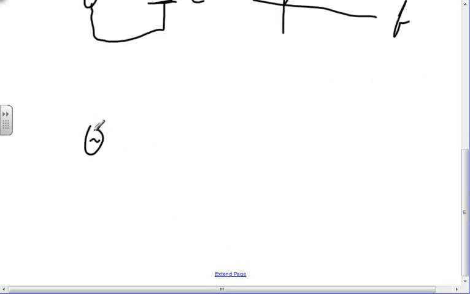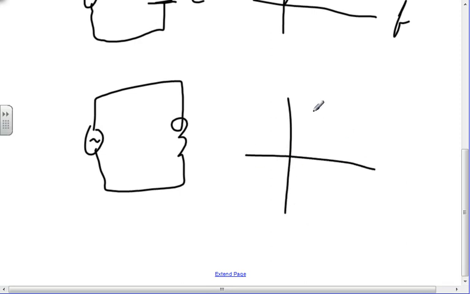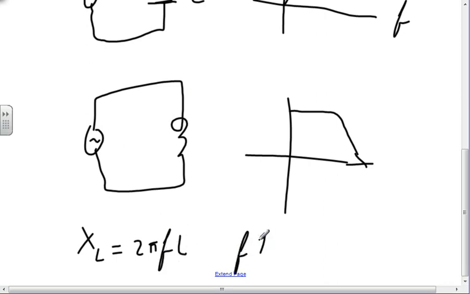Same thing is going to be true, in a similar way, when I take that inductor. So the inductor will pass maximum, and then drop off. If I look at X sub L, that's 2 pi FL. As I increase the frequency, X sub L goes up.